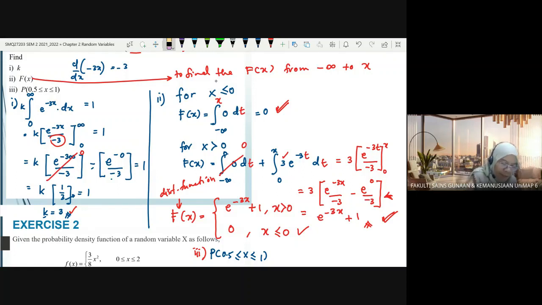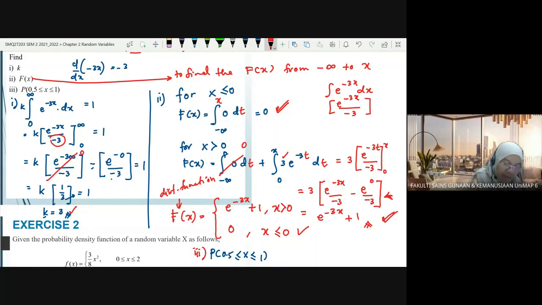Okay, if I differentiate e to the power of negative 3x with respect to x, I will get e to the power of negative 3x. That will be my first integration. Since I have negative 3x, I can differentiate, it will be negative 3.